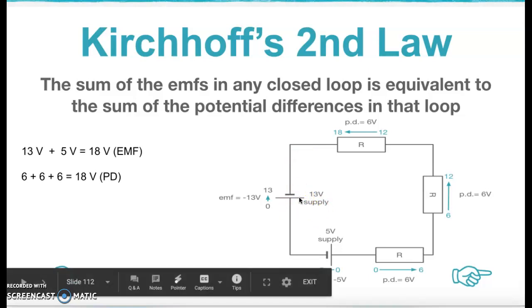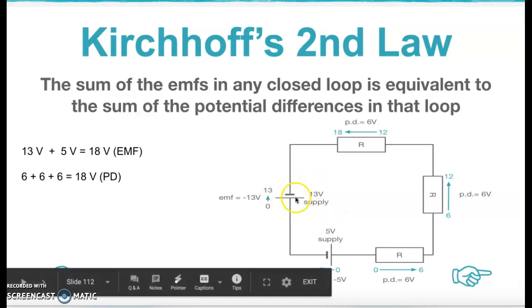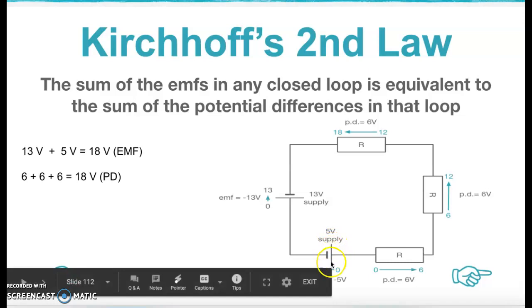Now I'm going to start here and I'm going to see what my total EMF is. EMF is 13, because this is EMF. And I'm going to move around to solve the problem. I'm going to see if there's any more EMFs in this circuit. Oh, here's another EMF. Now, if this long stick positive terminal had been over here, then what I would have is a subtraction.